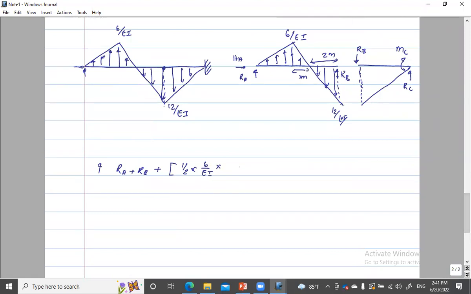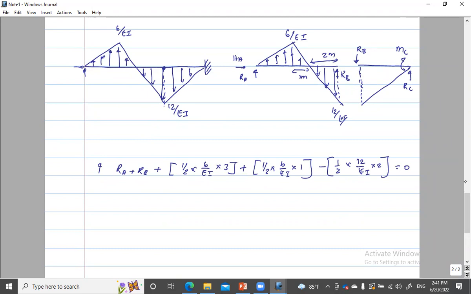Half 6 over EI into 3, that is the upward load, plus another upward is half into 6 over EI into 1, that is the small component on this side, minus half into 12 over EI into 2 is 0.